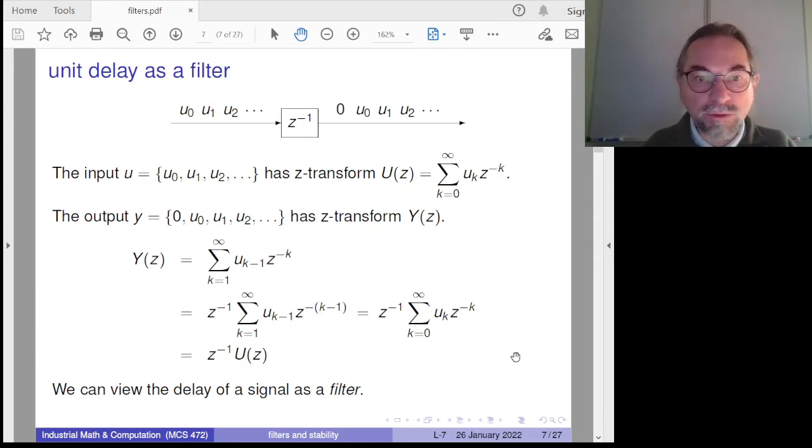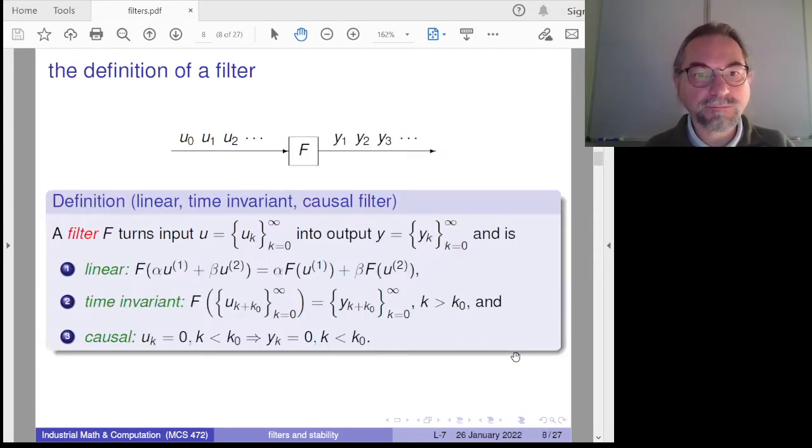All right, what is now a filter? A filter makes a new sequence out of a given sequence, so there is an input and an output. All filters that we will consider, at least in this lecture, are linear, time invariant, and causal.